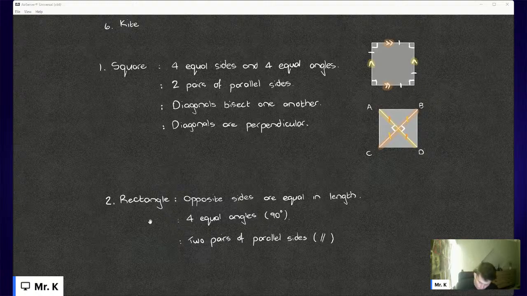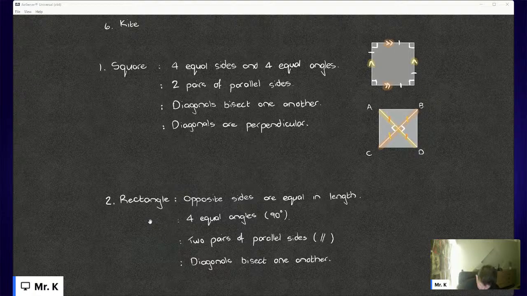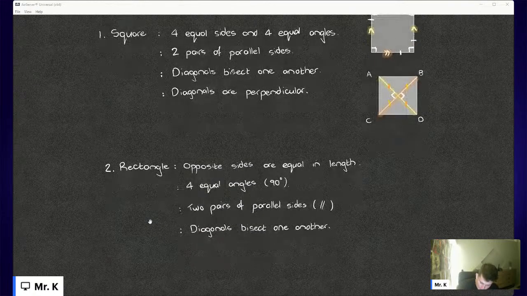Right? Now, what about these diagonals that we've been discussing? The diagonals also bisect one another. Bisect does not just mean slice into one another, it means that they cut each other exactly in half. The diagonals bisect one another.